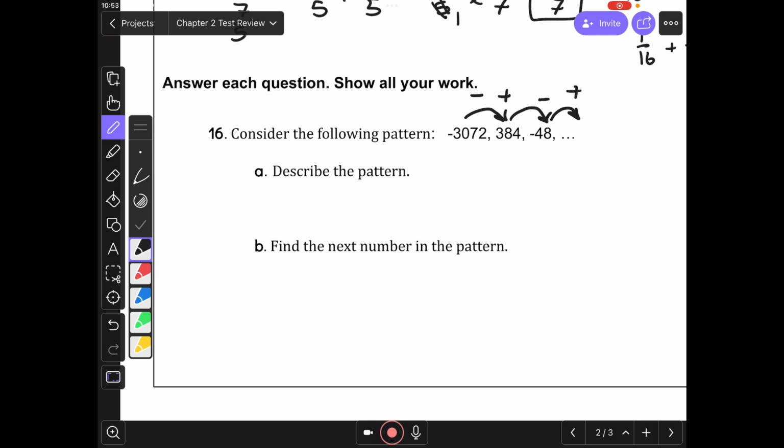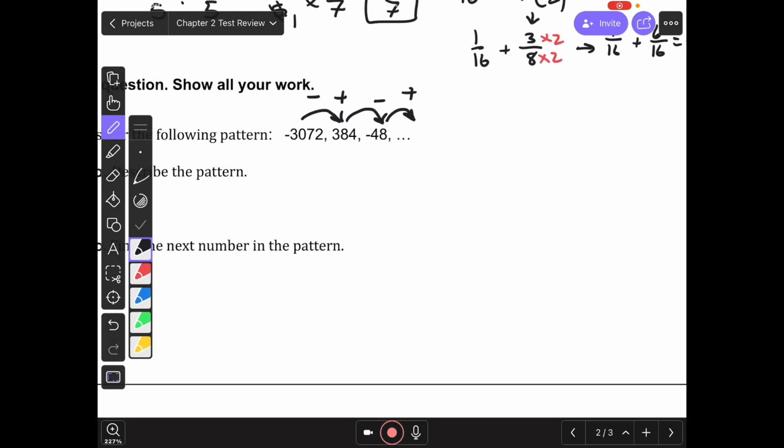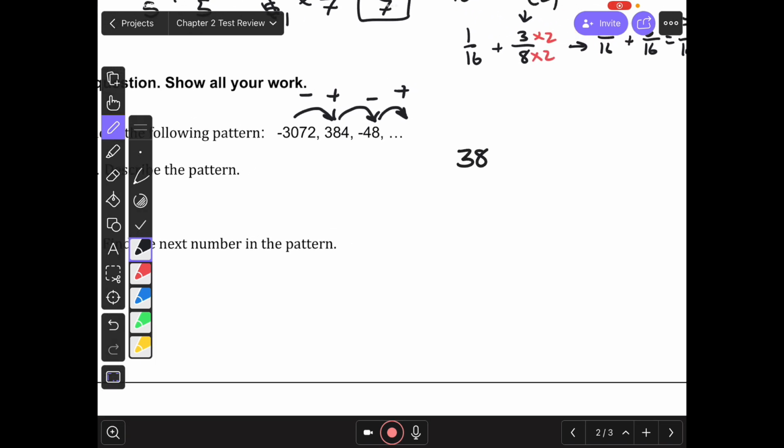Well, to do that, all we have to do is say, what is 384 divided into 3072? Now, I don't know about you, but I did not study my 384 multiples in school. So if you need to, take the time and figure out which one would work. Again, you can kind of guess and check.